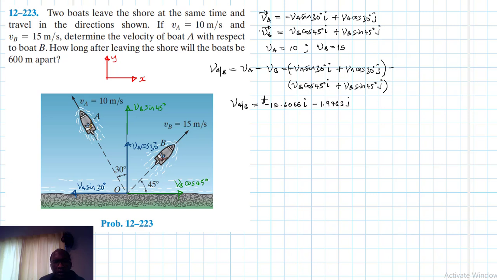So this is our velocity of A with respect to B, in meters per second.